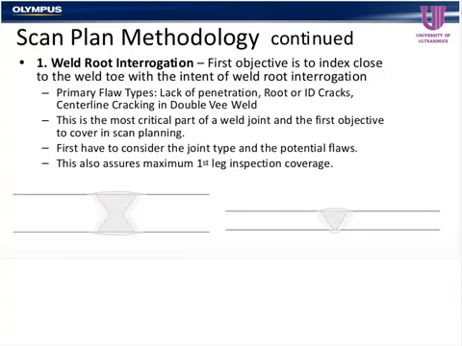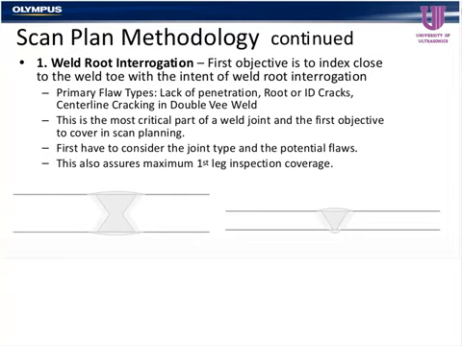The first is the weld root. Again, we take these four areas and ask primarily, what are we looking for in that area? And are there any angles in particular that are better for finding those types of defects? With our weld root, we have a lot of variability in flaw type.